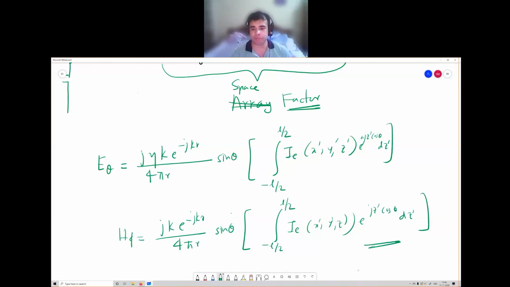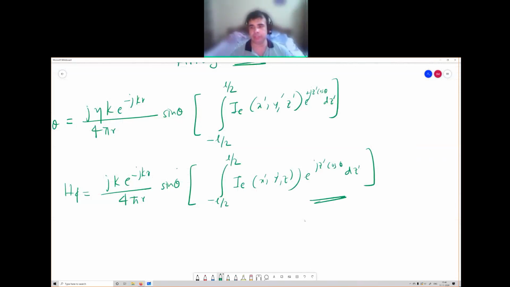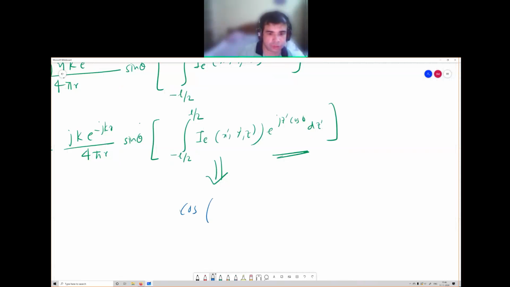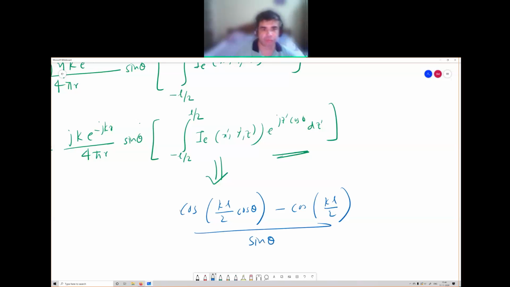If we are able to find this integral, we can find the value. The value of this integral, we simply write without doing the actual integration. This is cos of kl by 2 cos theta minus cos of kl by 2, divided by sin theta. If we do this integration, we will get this one.